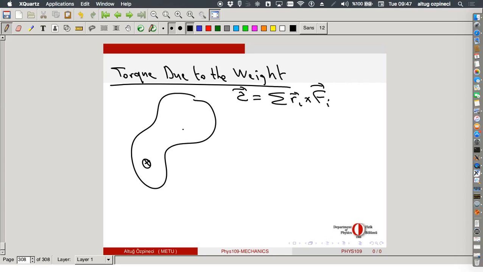Now let's see, the weight is acting at every point. So if you just imagine there is a point over here, it has a weight. This point has a weight. This point has a weight.